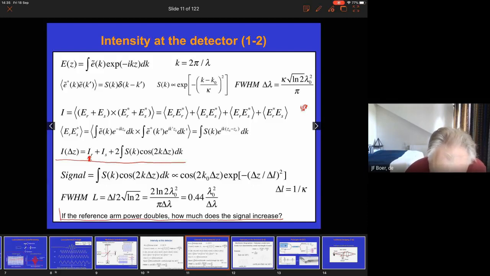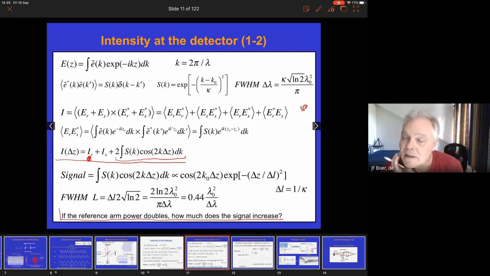I would definitely see it here. But will I also see that increase in the reference power in this term here? In other words, what's the origin of this term I just underlined?